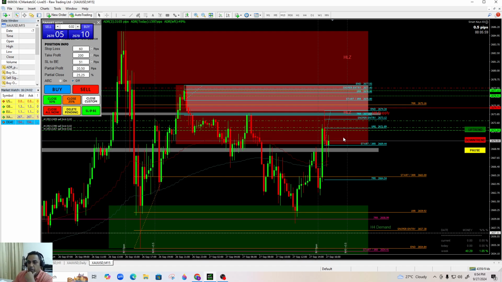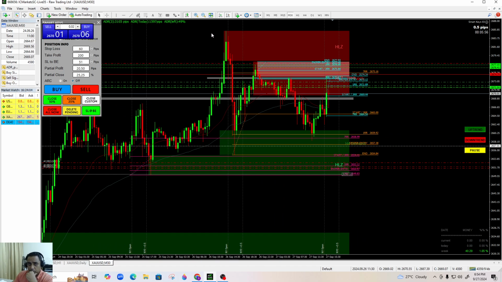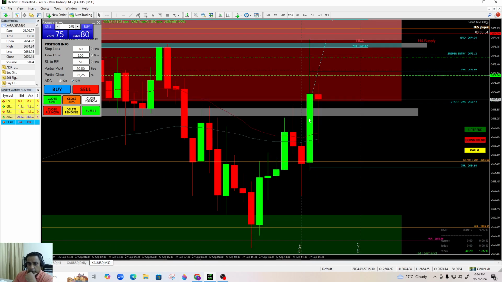Six minutes more for the 30-minute candle to close. So that 30 minutes has rejected that area. Close to the big wick has rejected that resistance, has rejected the red area from the high liquidity zone. We want this candle to come up here.